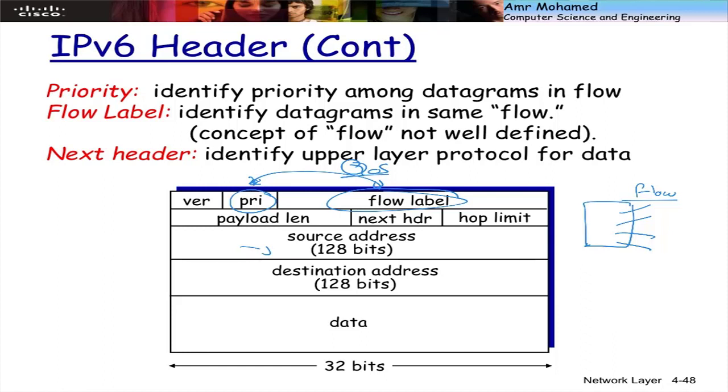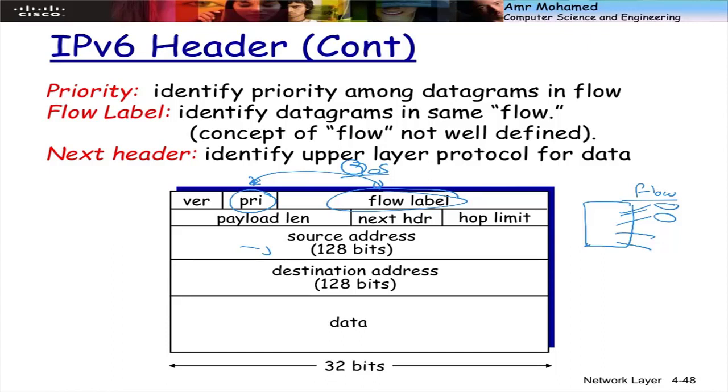So they said that the flow label can in fact identify a specific flow, okay, which is part of an application, that might refer to a TCP session end to end. Okay? Or actually part of a TCP connection.